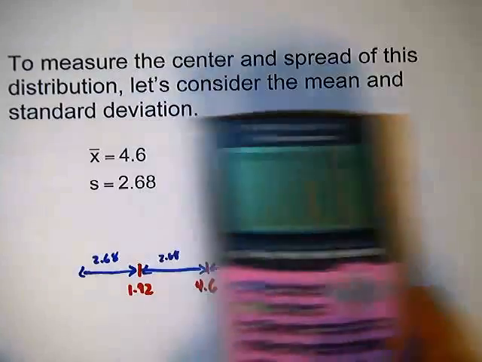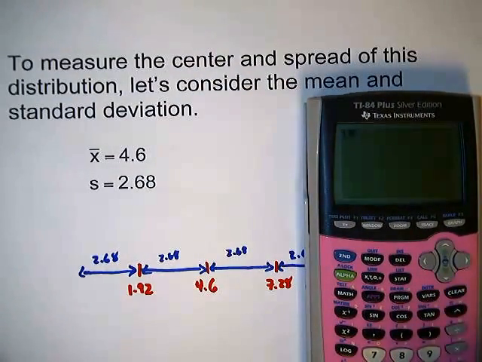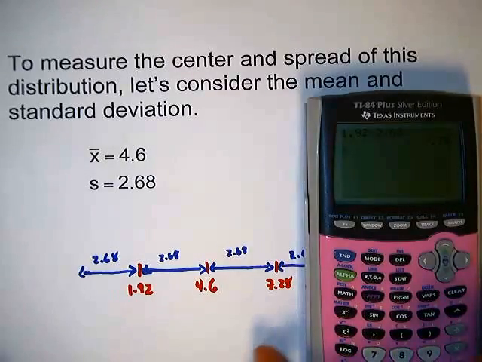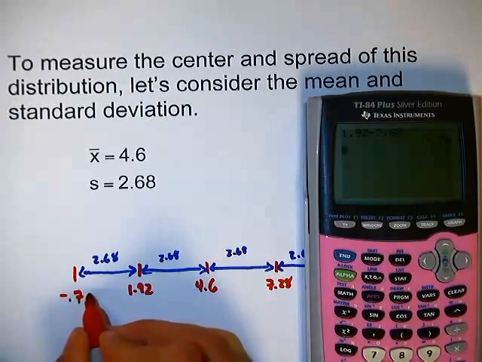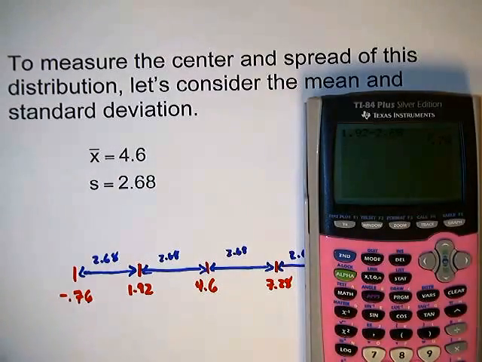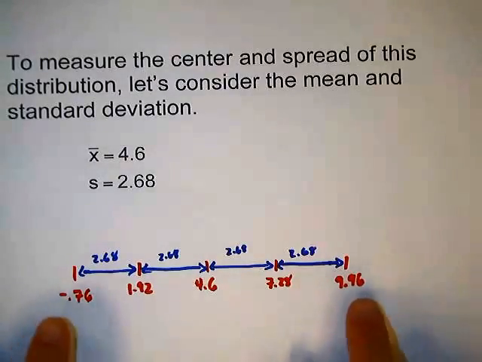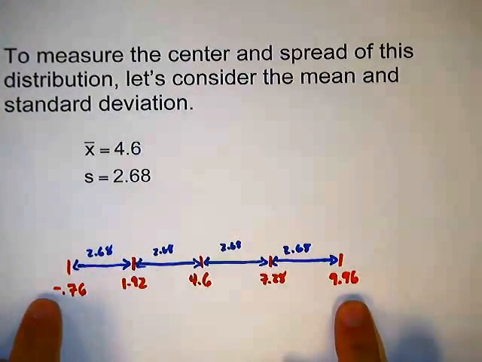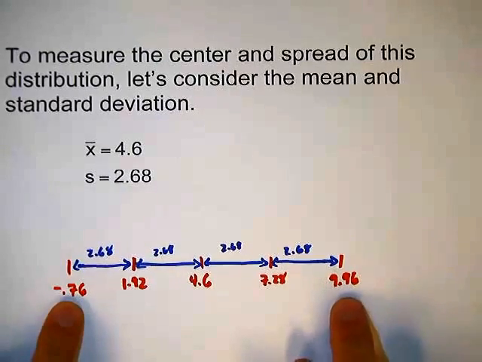Then if we do two standard deviations below the mean, if we start with 1.92 and subtract 2.68, that's going to give us negative 0.76.